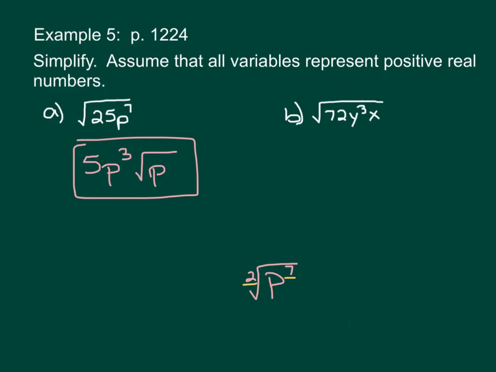Okay, and then B is the square root of 72y cubed x. So the square root of 72, I can break that up into 9 times 8, but 8 has a perfect square factor, so I'm going to try to think of a higher number that's a perfect square. 36 times 2. The square root of 36 is 6, so this is 6 root 2.